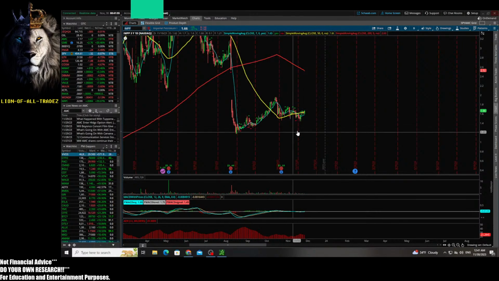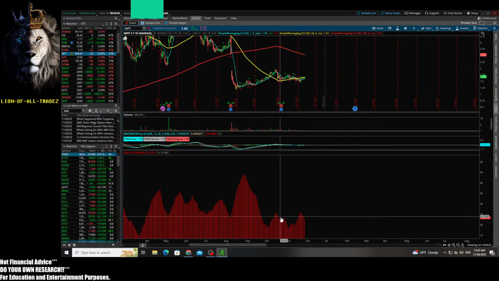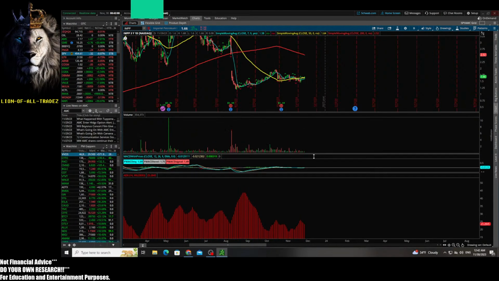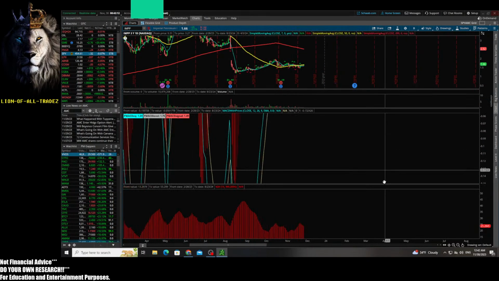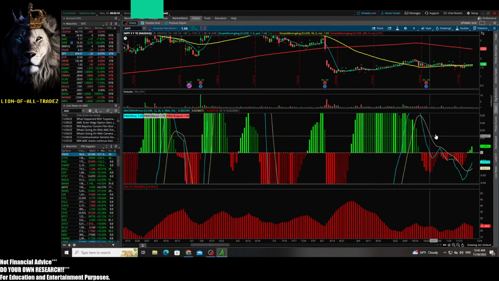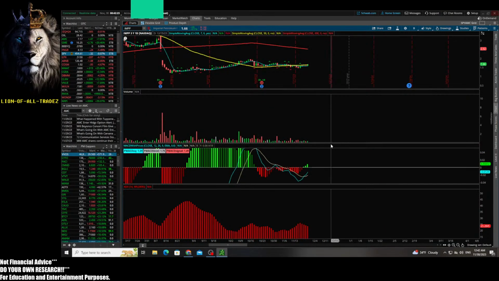But here we got sort of a double bottom. The ADX is actually following too, so you can see it's coming up a lot higher. Hopefully that's the case. And your MACD here is crossing, and we're picking up on the green. So I feel like that's a good sign too.